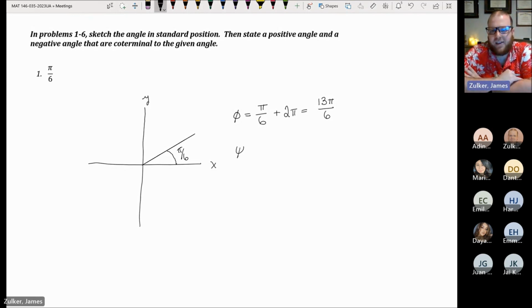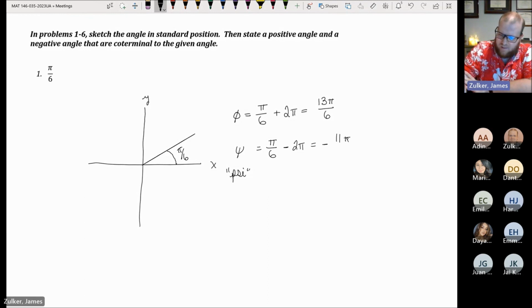I'm going to take psi to be the negative coterminal. Well, instead of adding 2 pi, why don't we subtract 2 pi? And that would give us negative 11 pi over 6 as our negative coterminal angle. Again, it's not the only negative coterminal, right?